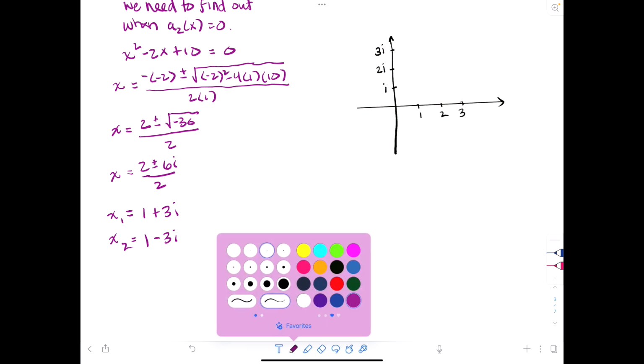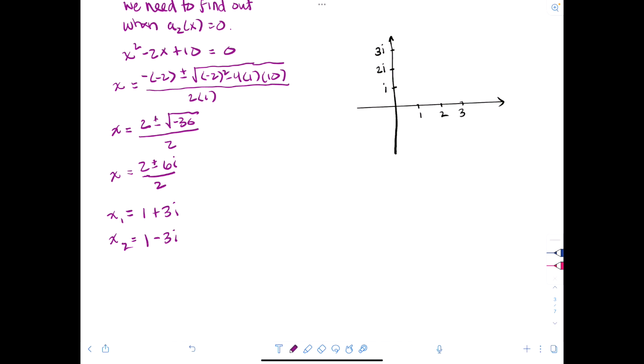And what we found is that this one would be graphed as 1, 3i, and the other one would be graphed as 1, negative 3i. So we would have 1, 3i, or 1, 3.